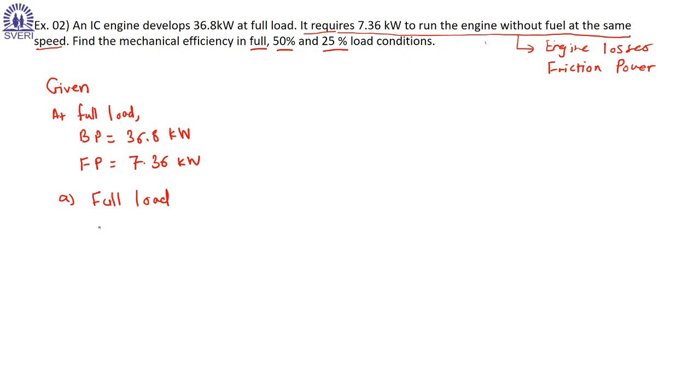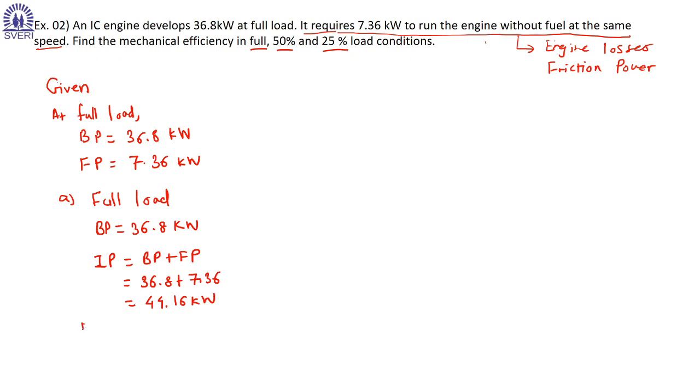In the full load condition, brake power as given is 36.8 kilowatt. So the indicated power, as you know, is equal to brake power plus frictional power. So this will be equal to 36.8 plus 7.36. So this will be 44.16 kilowatt.